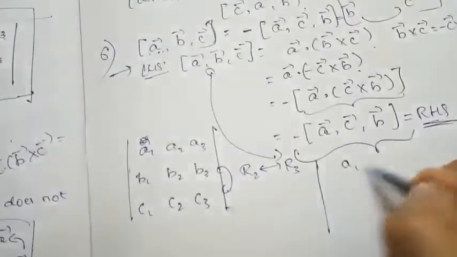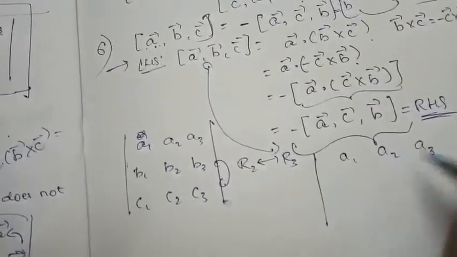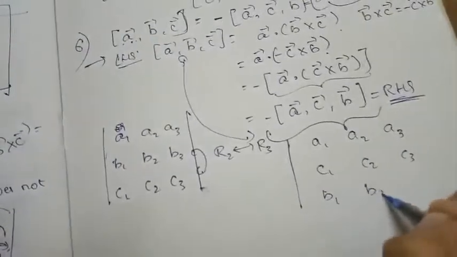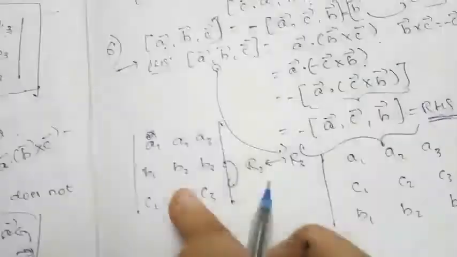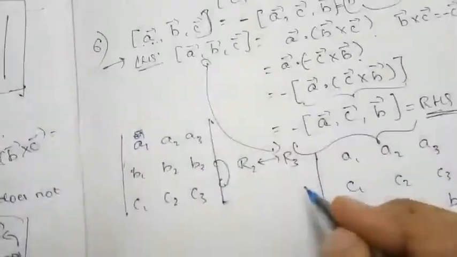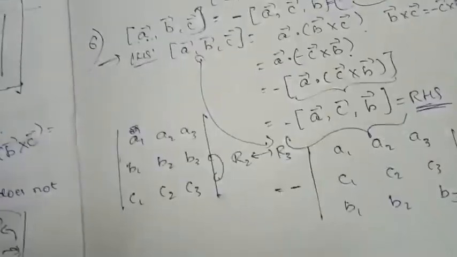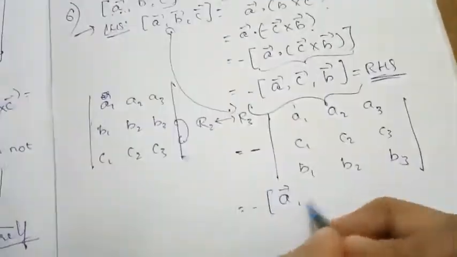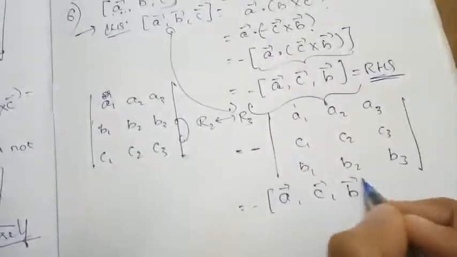What are we going to get? A1, A2, A3, C1, C2, C3, B1, B2, B3. And we know that interchanging any two rows or columns, the determinant value changes with a negative sign. What does this say? It is nothing but vector A, vector C, vector B.